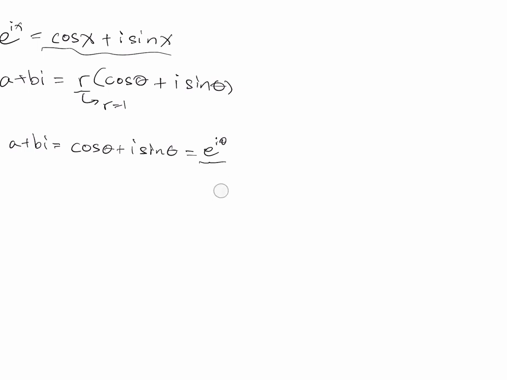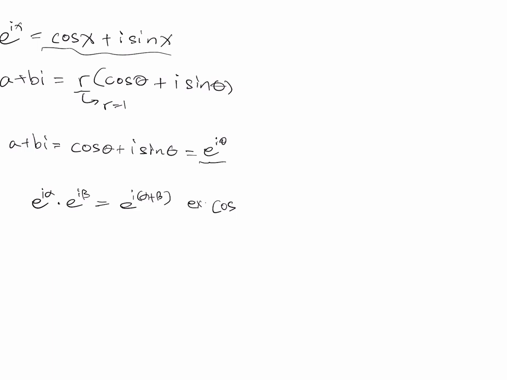So according to the rules of exponential functions, we'll have e to the power of i alpha, if we multiply it by e to the power of i beta, we'll have e to the power of i times alpha plus beta.